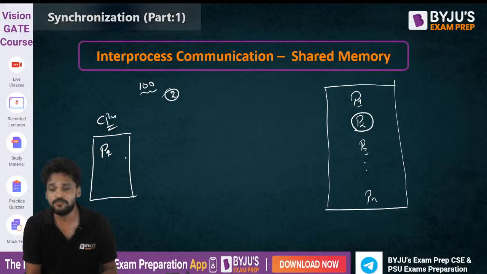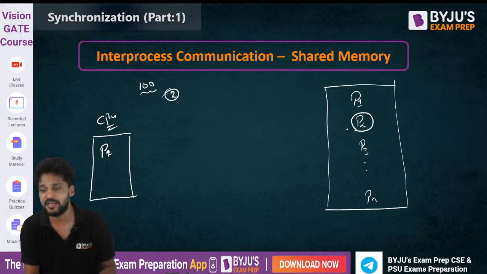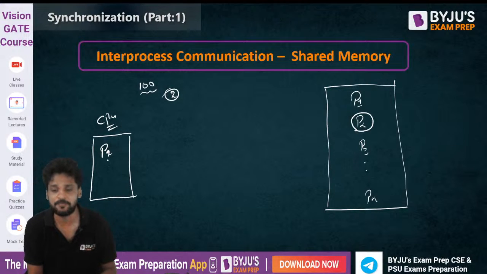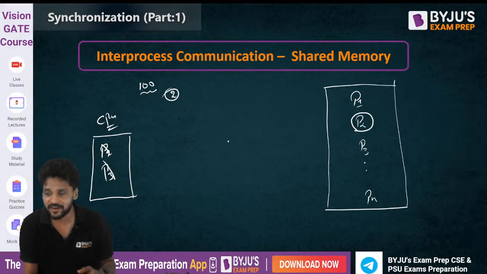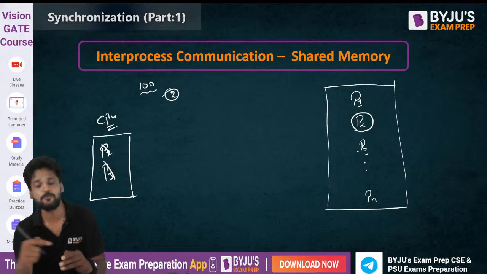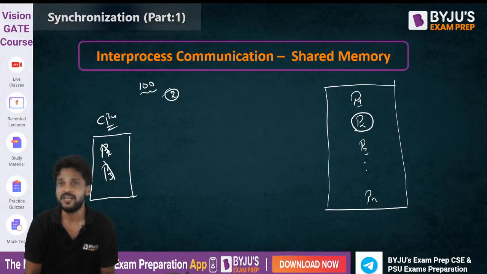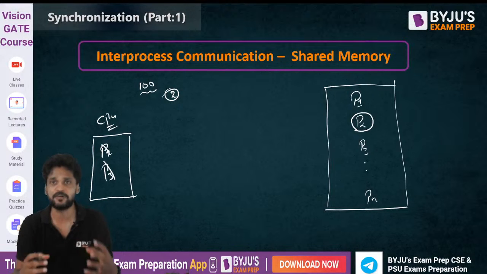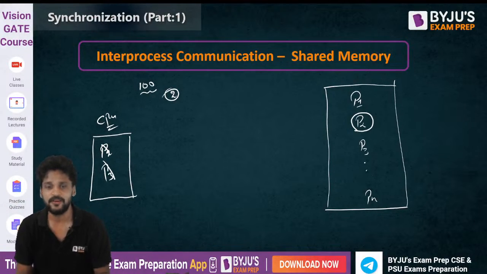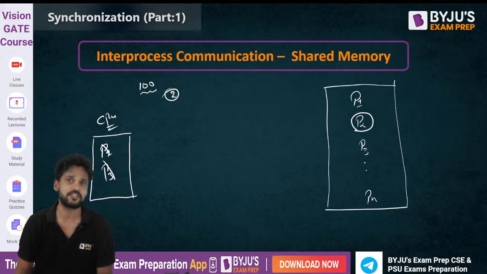Even then, P2 will be pulled back and sent back to the main memory. One more process will be sent into the CPU. Let us say P3 is executing now. After it executes 2 or 3 instructions, again it will be sent back to the main memory, and one more process will be sent into the CPU. By this, the user gets an impression that all the programs are running parallelly. This is called concurrency. Why would this be a disadvantage?